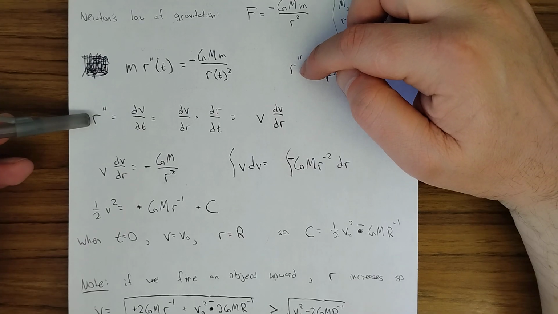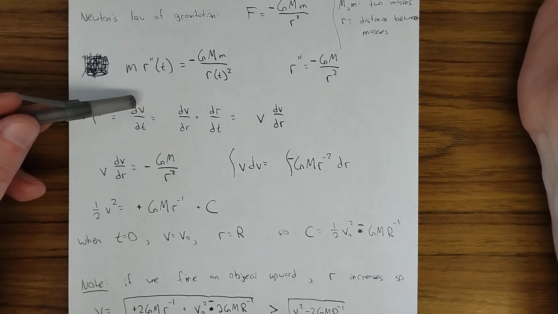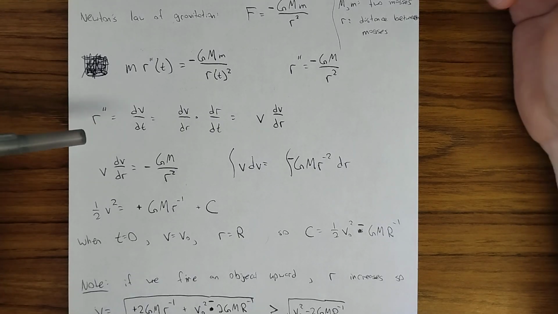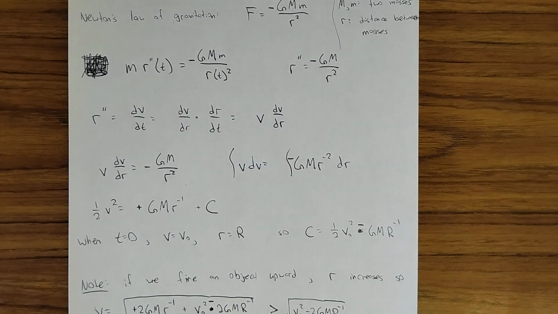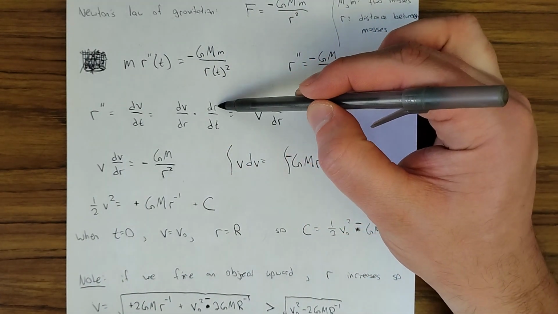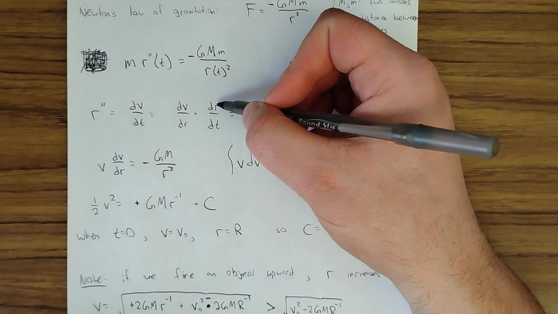So this r double prime is a derivative with respect to time. One way of describing this is r double prime is dv over dt, because it's acceleration, so that's the derivative of velocity. dv over dt I can write in this funny way. Of course, this is just the chain rule.